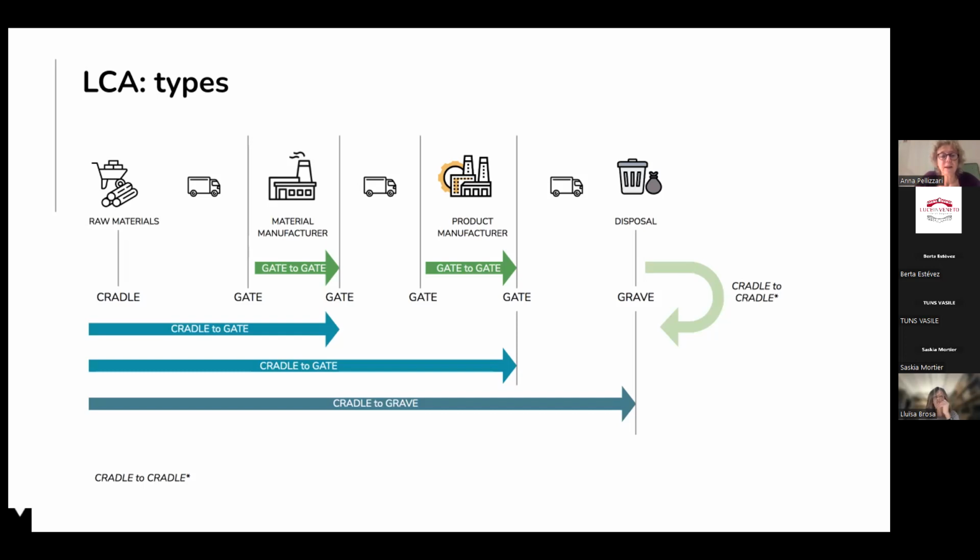A single material is per se usually a semi-finished product. So there are raw materials, transformation processes, then other steps, other raw materials added, other transformation processes, and so on. Then it goes to the factory where you manufacture a product, then to the use, and then to disposal.